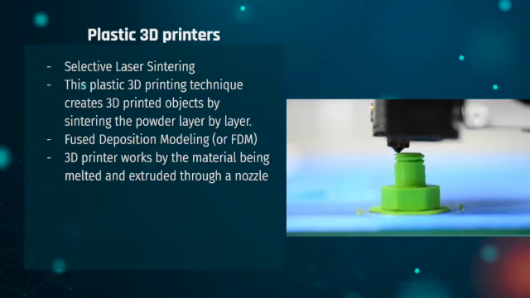Using one or two print heads, the 3D machine allows the deposition of 3D printing materials. Just like I said earlier, it goes layer by layer, and this 3D printer works by the material being melted and extruded through a nozzle to print a cross section of an object each layer at a time. So next is metal 3D printers.